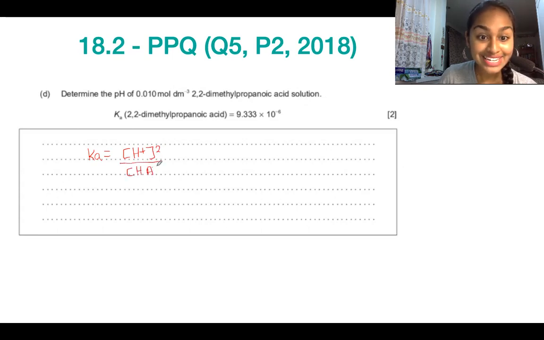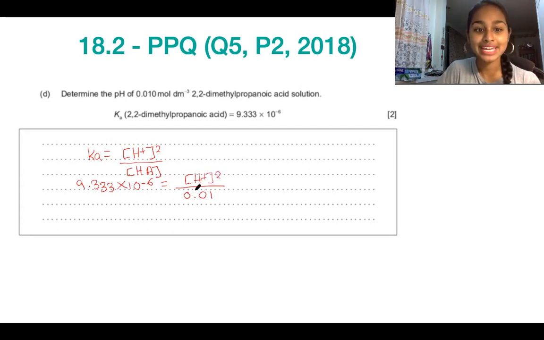Okay, so now I can input values. I know that Ka is 9.333 times 10 to the minus 6, and I know that HA is going to be 0.01, and my unknown is going to be H plus squared.